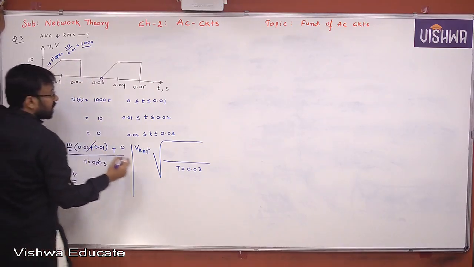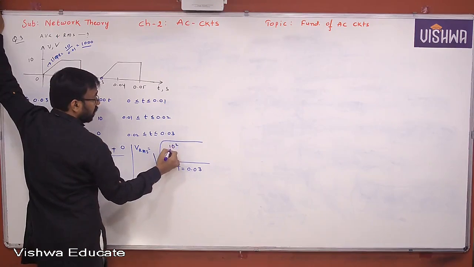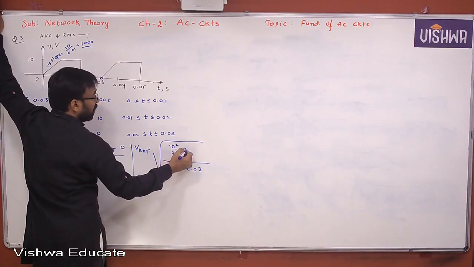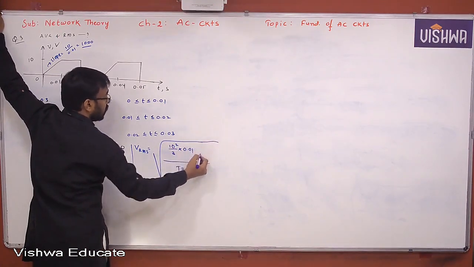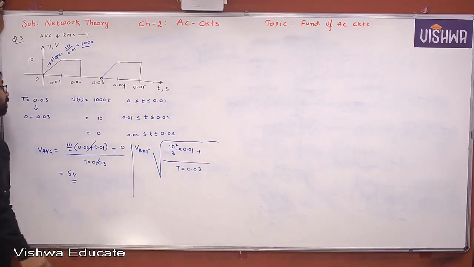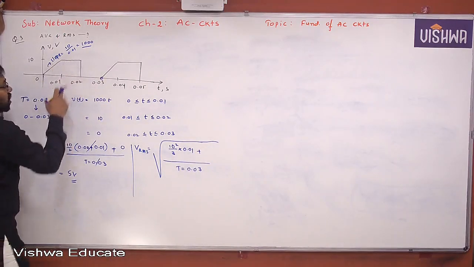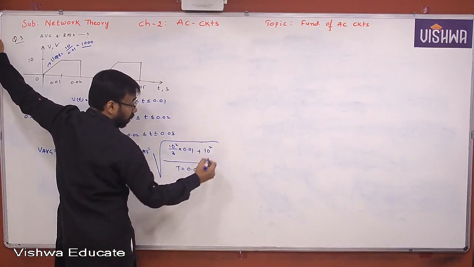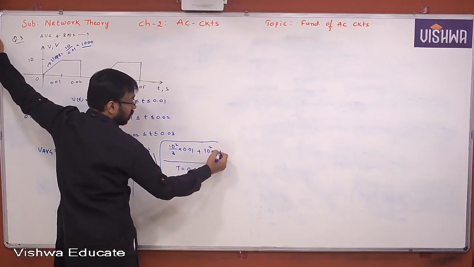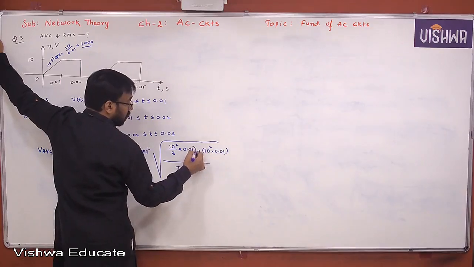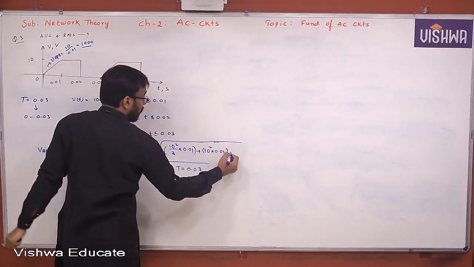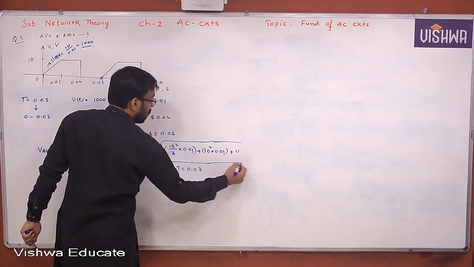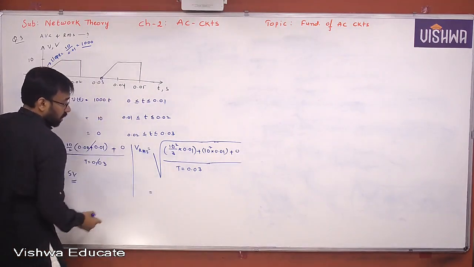Ramp: 10 square by 3 into, what is the width of the ramp? 0.01. Plus 10 square, the step magnitude squared, into what? The duration, 0.01. Understand? Then what you have? There is no signal. 0. Like that, you can proceed.